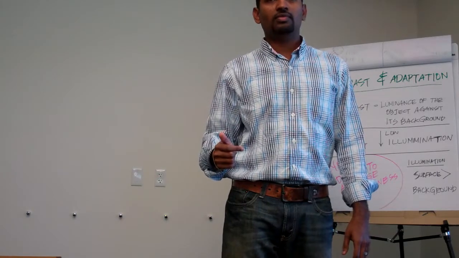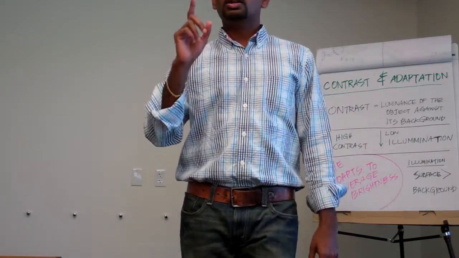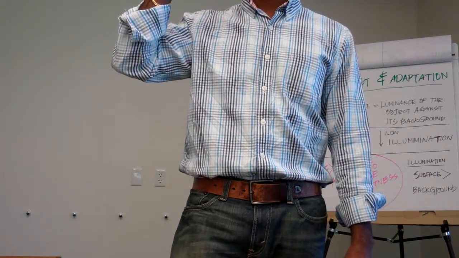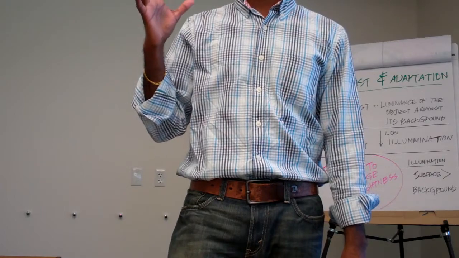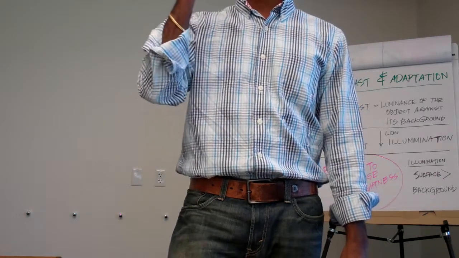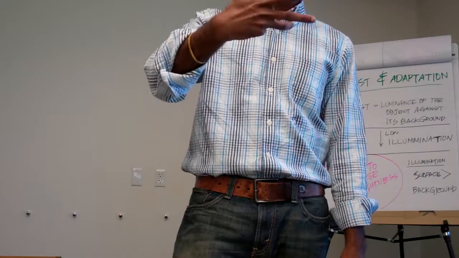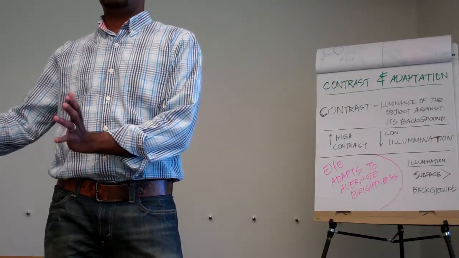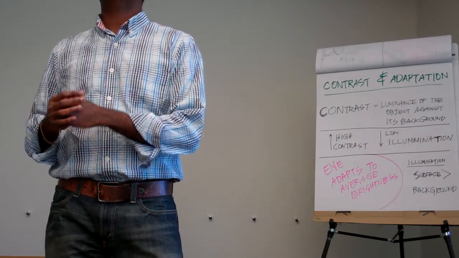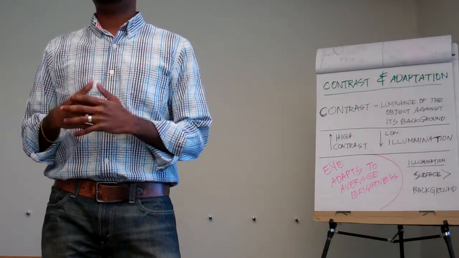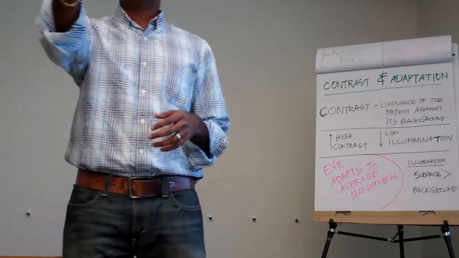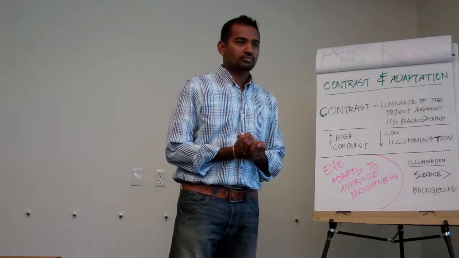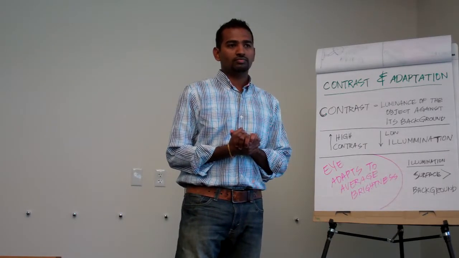Your eye adapts a lot quicker to the bright light than to a very dark environment. If you go into your room at night, it's really hard for your eye to adjust. It takes a longer time. But if you go from very bright light to a lower light level, it takes a while to adjust down.